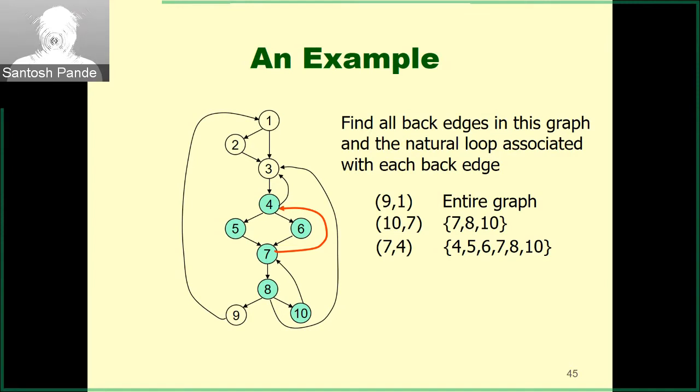So for example, if we remove this edge from 10 to 7, and imagine some other loop which was let's say going back straight to 1. What will happen here is the control will come forward from 7, 8, and it will branch in two different ways. It will go to 9 and maybe form a loop, or maybe it will go to 10 and it might form a loop back to 1.